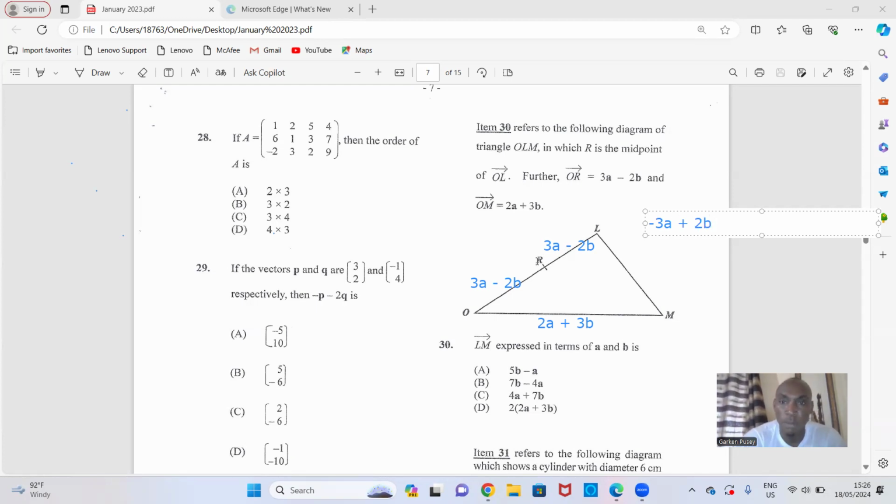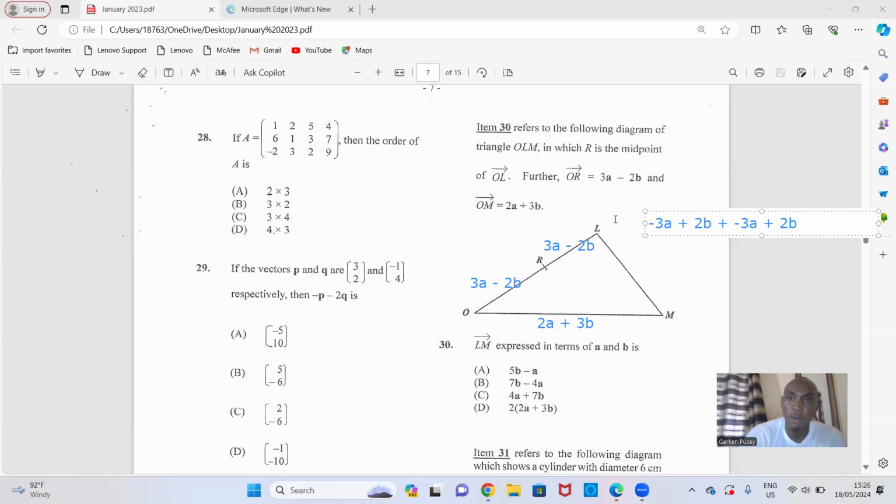And we continue from R to O, because if we want to move from L to M, we have to go from L all the way to O and then all the way to M. So we keep adding. So that's LR plus, now we're going to move from R to O, opposite direction again, so we change the sign. So this is negative 3A, plus 2B.